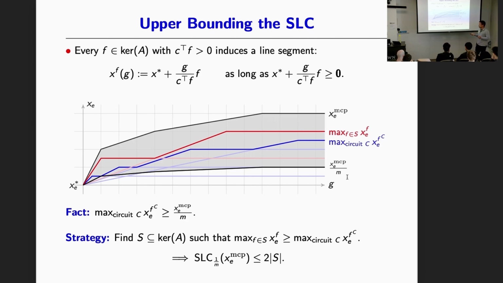In general, if your set S has L vectors, then the pointwise maximum curve will have at most 2L pieces. So as long as you can pick a small set S, you win, because you have successfully exhibited a piecewise affine curve with a small number of pieces in the 1/m neighborhood of the max central path. That's essentially straight line complexity.